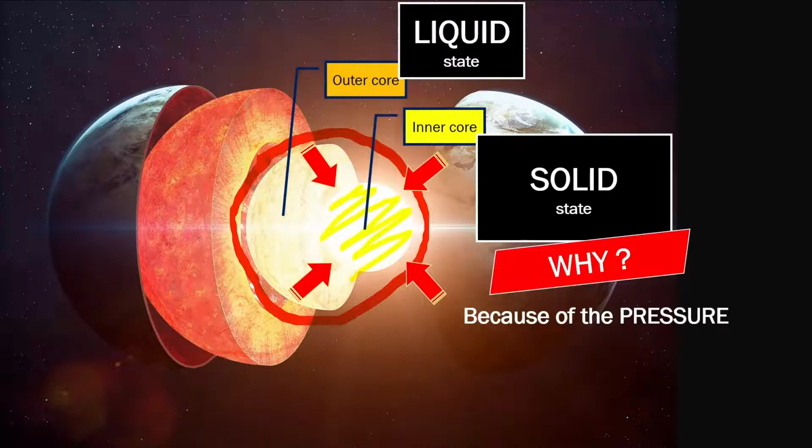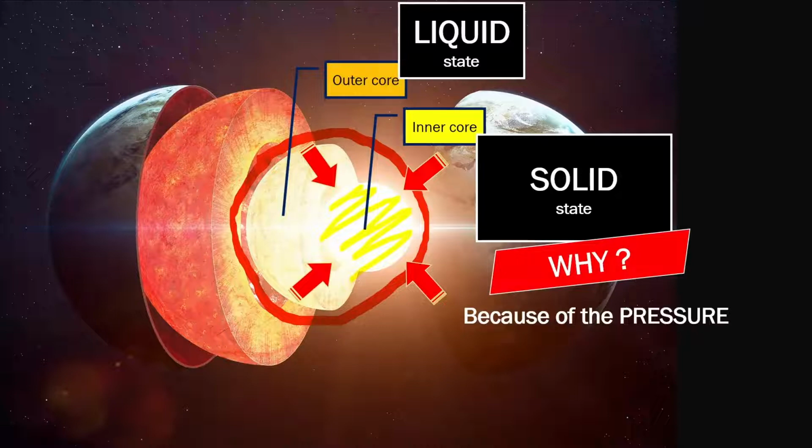So that is pressure. So for the whole thing of earth, from the outside to the inside until the inner core, there's a lot of pressure put into the inner core. So that is why it becomes solid.